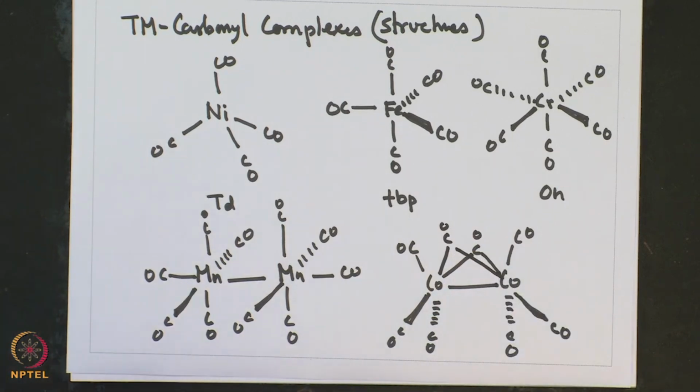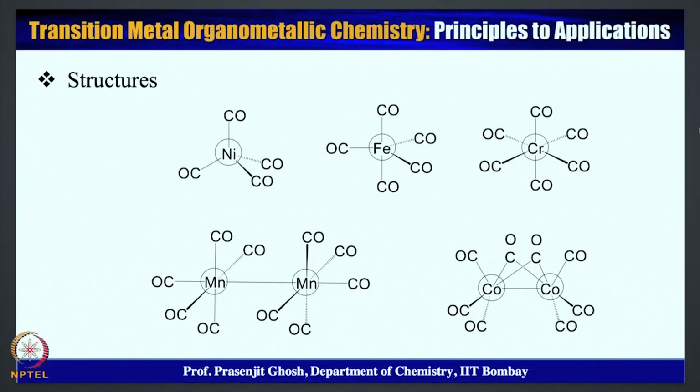So, what can be seen over here is that the carbonyls display diverse structures in these binary carbonyl kinds of compounds, that can range from tetrahedral to trigonal bipyramid to octahedral, or dinuclear complexes that contain bridging carbonyl, as well as the ones which do not form one. And so, this diverse orientation is a hallmark of transition metal carbonyl complexes.